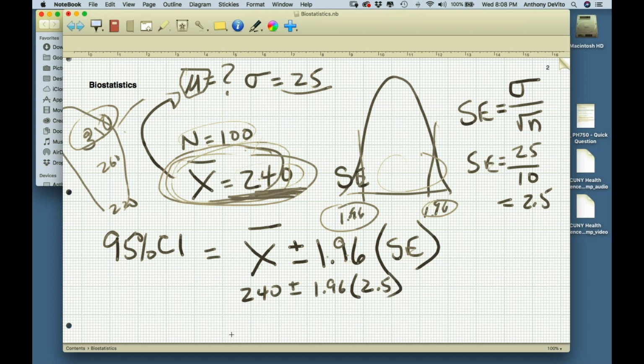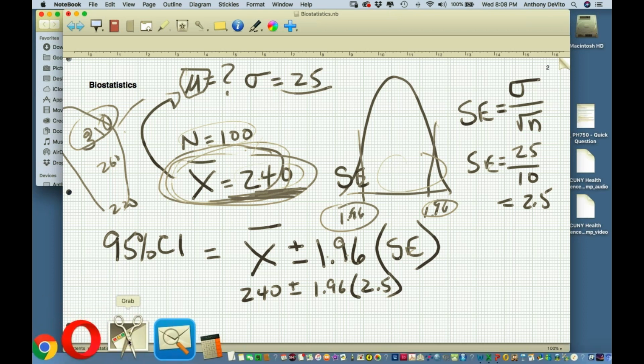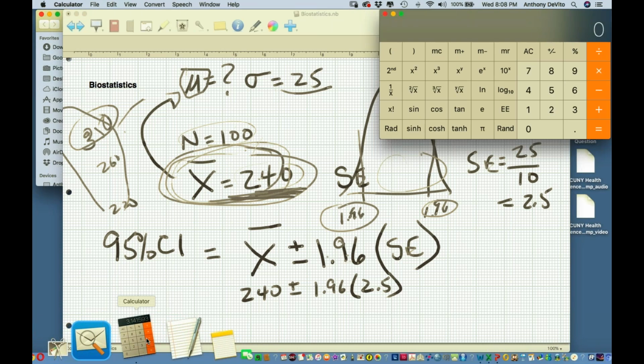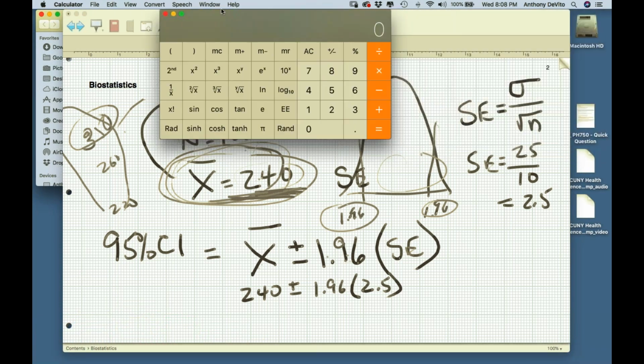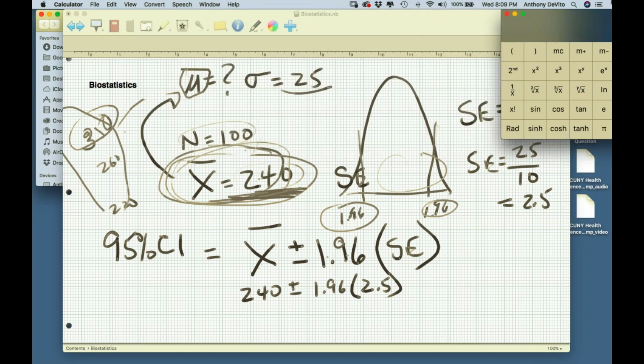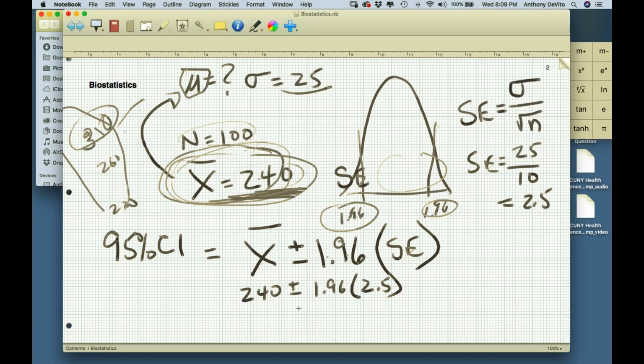Okay, and so I'm going to actually do that calculation. 2.5 times 1.96 is equal to 4.9.